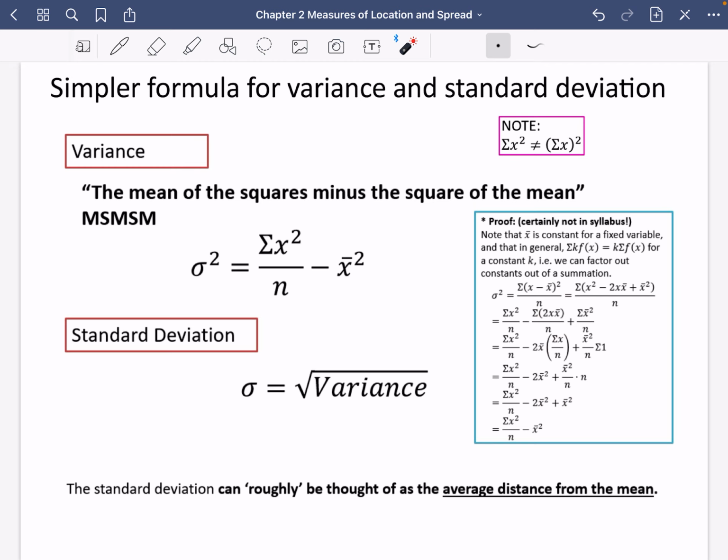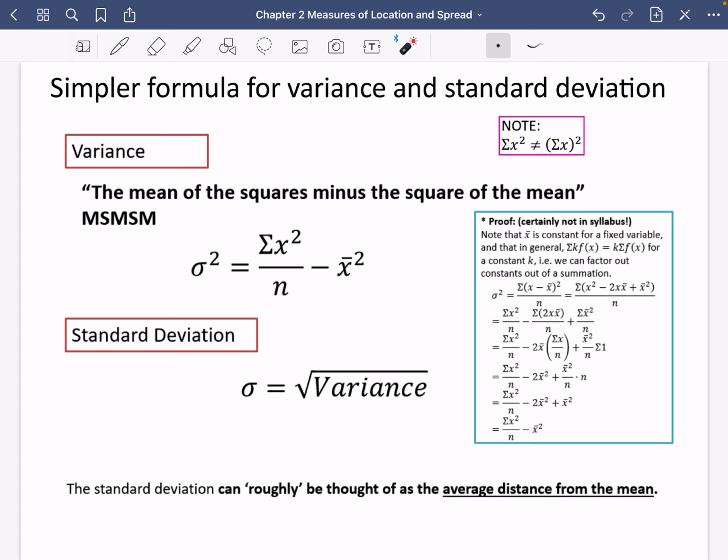So for the variance, the formula we've just seen from the previous slide can be rewritten as sigma squared equals the sum of the x squareds divided by how many there are, minus the square of the mean. And we can translate this into something that's nice and easy to remember: the mean of the squares minus the square of the mean.